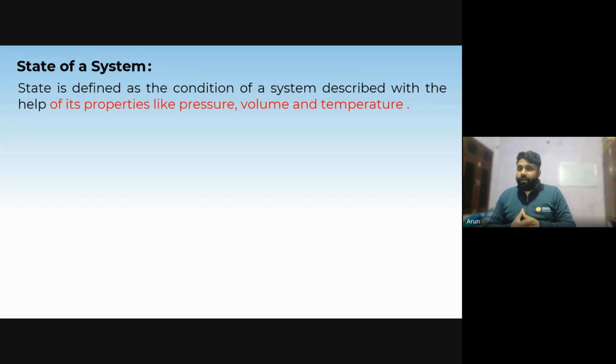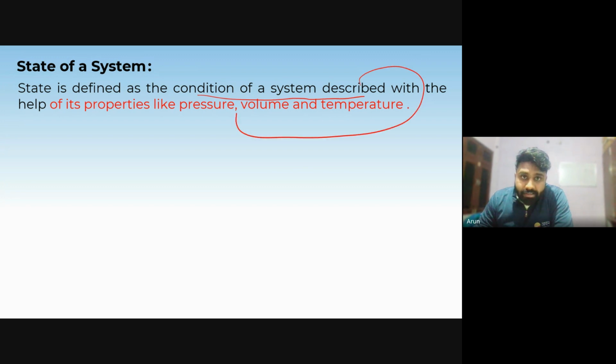And somehow we are trying to convey that the state of a system we can tell only from its properties, that in which state the system is. Okay, by just observing it. Got it? So this is the state. State is nothing but the condition of the system, which is described by pressure, volume, and temperature.